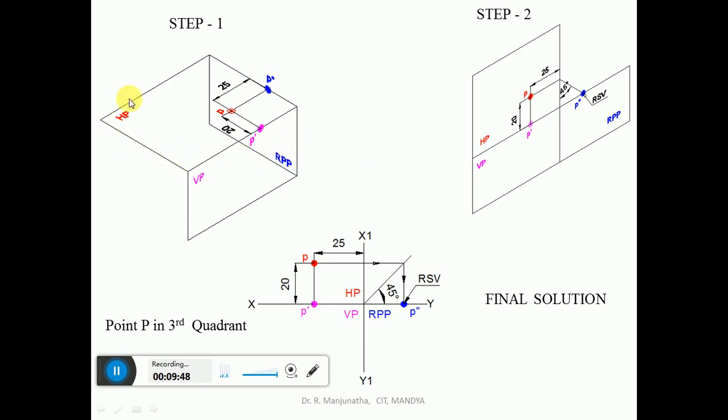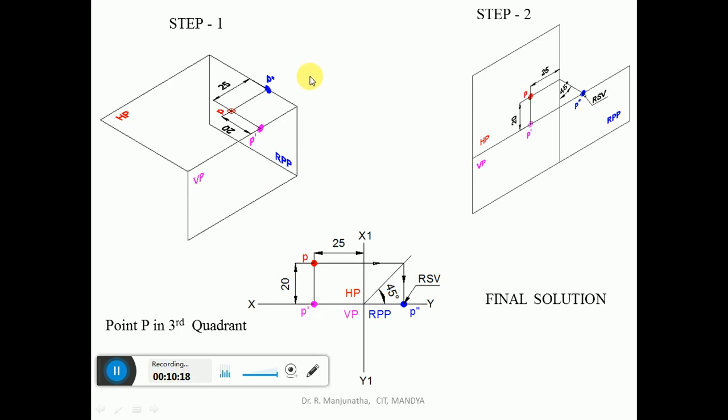Now we are going to cut this here and open it out such that the horizontal plane is rotated to the top, and the right profile plane is rotated to the right side, and hence the images which are there on the respective planes will also get rotated. So this is the direction of rotation in the second step. We have shown that the horizontal plane is rotated by 90 degrees and the right profile plane is also rotated by 90 degrees.